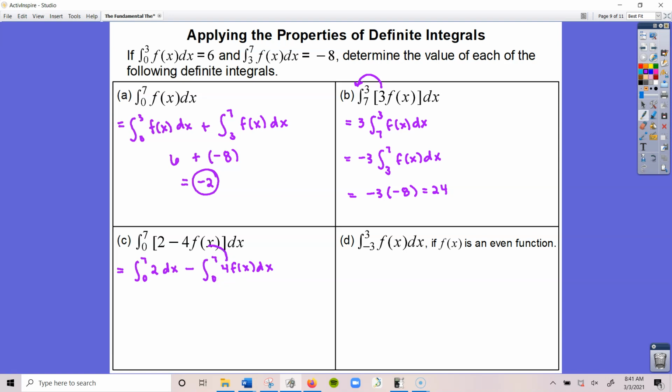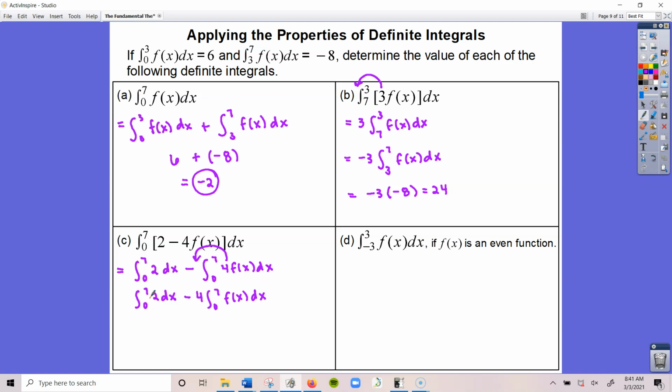Additionally, I can take this 4 and move it to the outside. So again, this is the integral from 0 to 7 of 2 dx minus 4 times the integral from 0 to 7 of f of x dx.